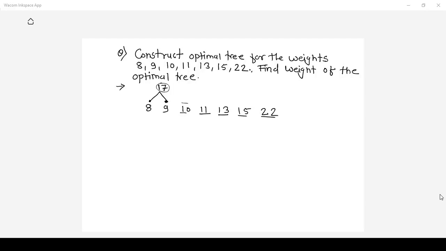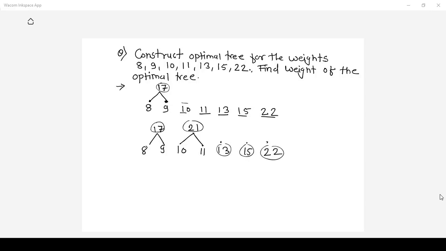Again, we need to select the two minimum weights and add them. The next two minimum weights are 10 and 11. So 10 plus 11 is 21. The remaining weights are 13, 15, and 22. So the new weights are 17, 21, 13, 15, and 22.